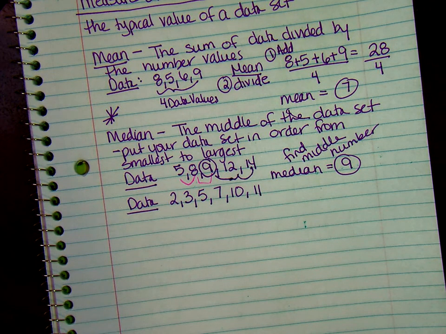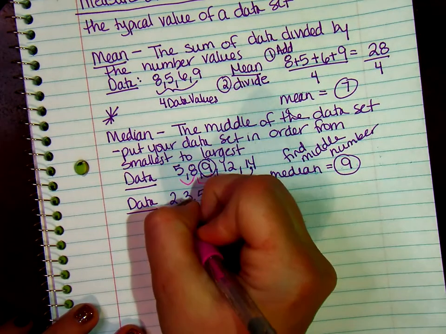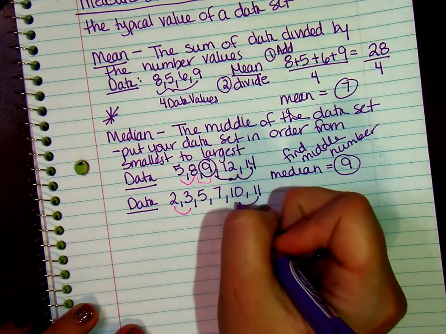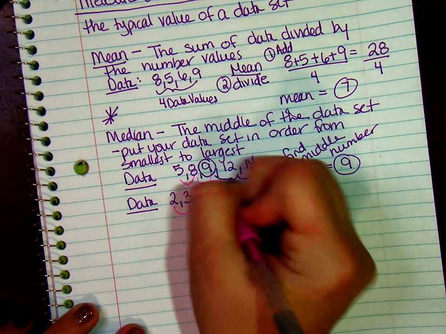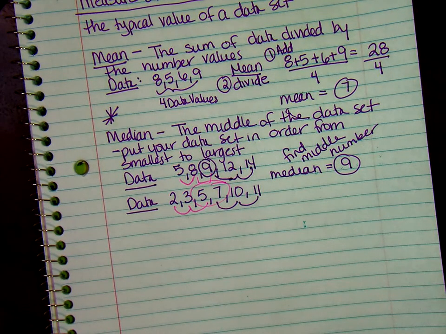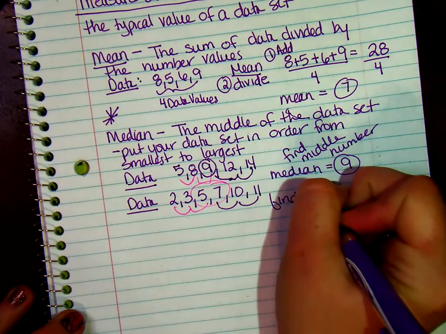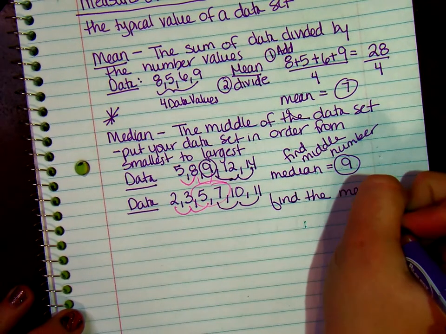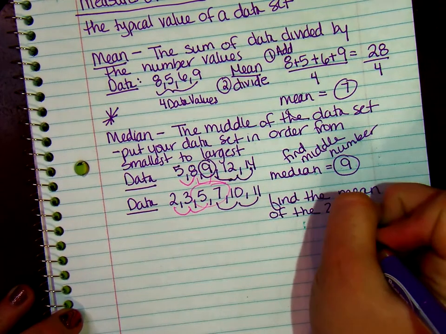Well, if I jump to the middle, jump, jump, jump, jump, I end up with 2 numbers in the middle. If that's the case, you find the mean or average of the 2 numbers in the middle.